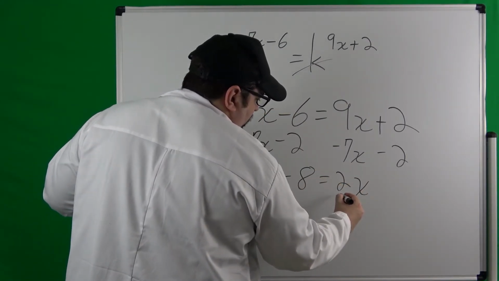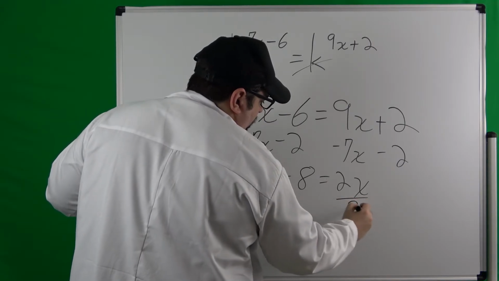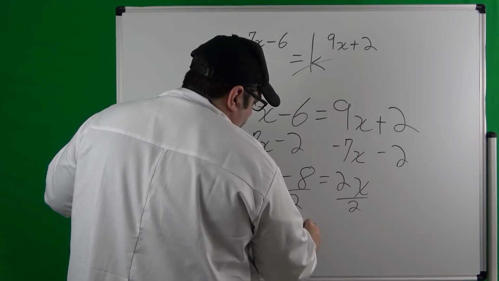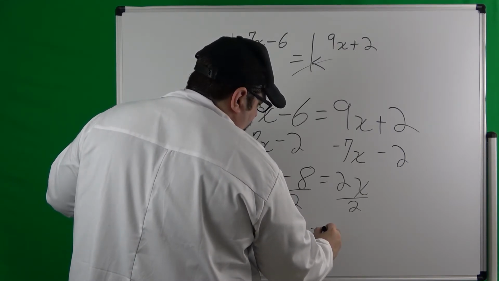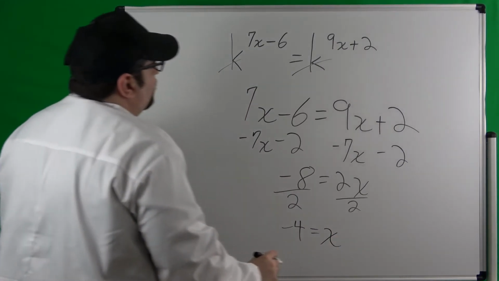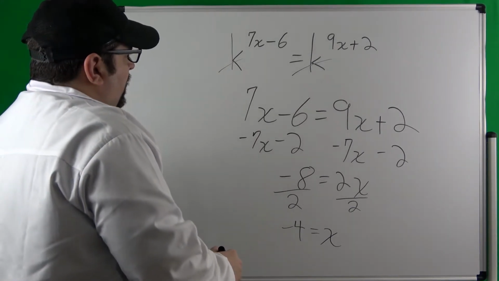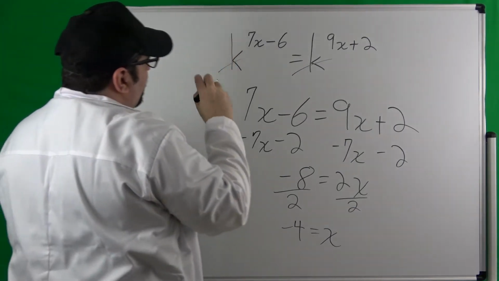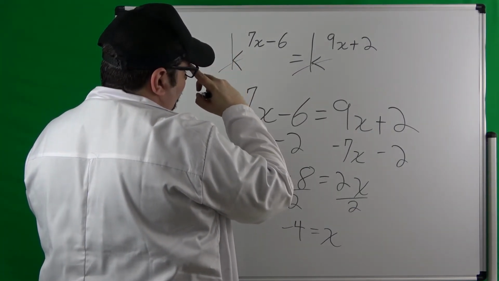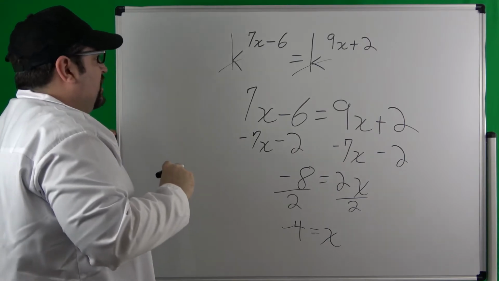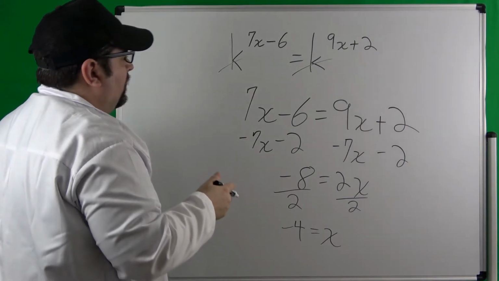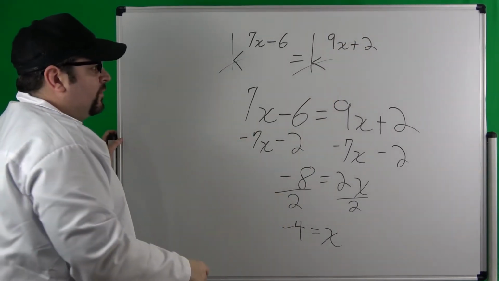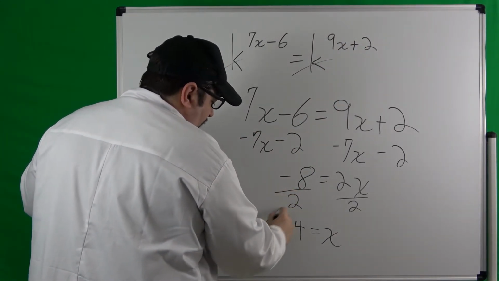Alright, divide by 2. And you got negative 4 equals x. And if you wanted to, you could just plug it back in here. Let's see, that would be negative 28 minus 6, which is negative 34. That would be negative 36 plus 2, negative 34. Boom. And we got it.